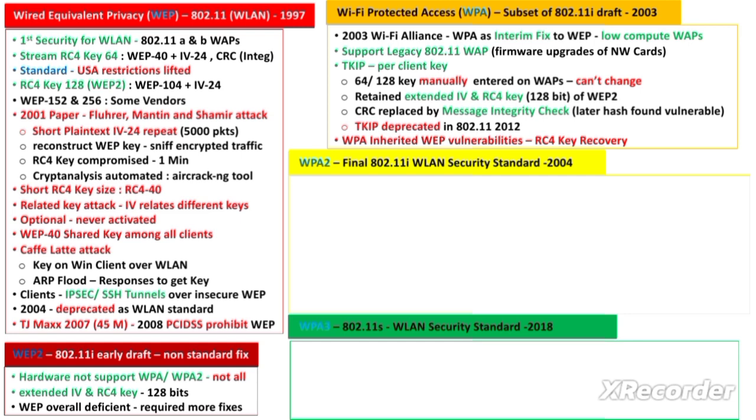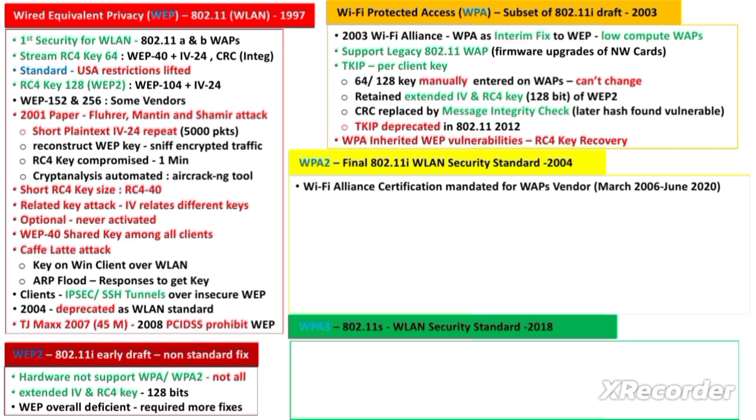So then came the famous standard, that is WPA2, and this standard remained valid starting from 2004 till 2018, and it was a long duration. So the Wi-Fi Alliance introduced this standard in 2004, and this was a mandatory certification requirement if these wireless access points want to have the logo of Wi-Fi Alliance certification.